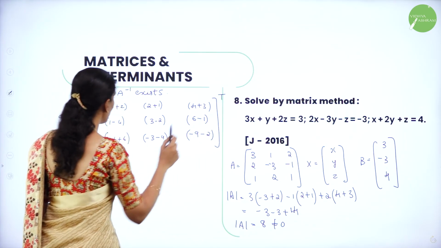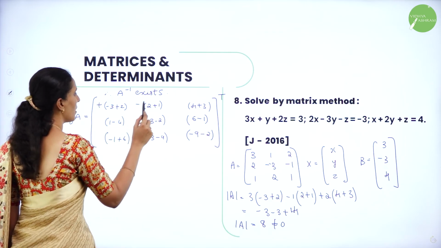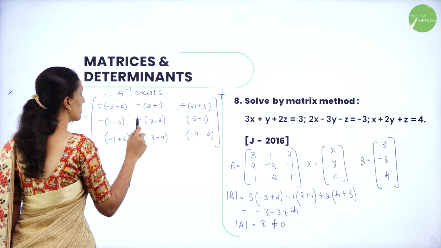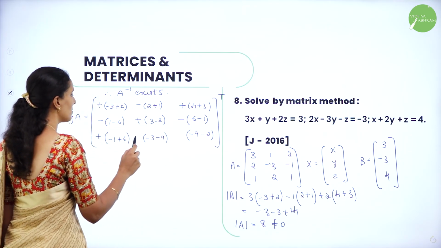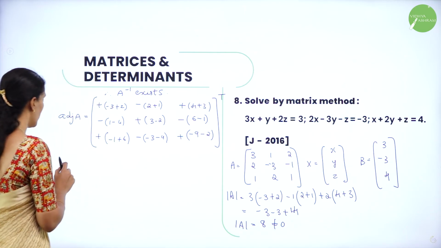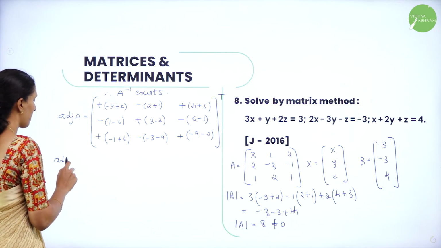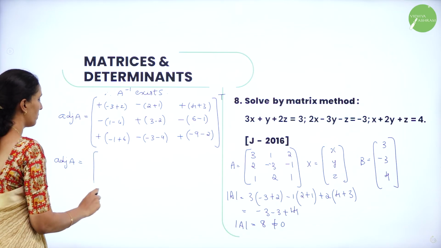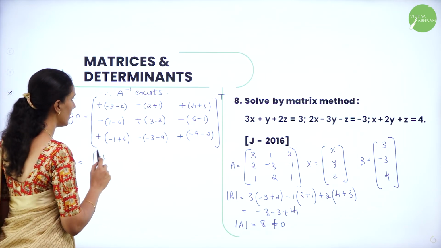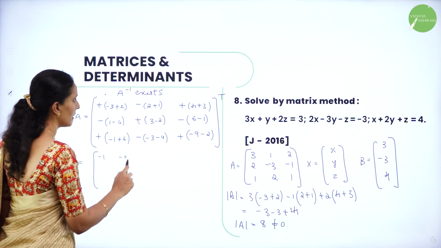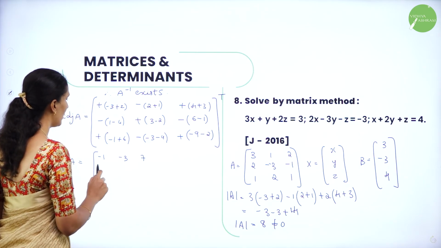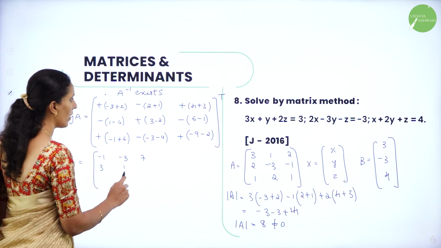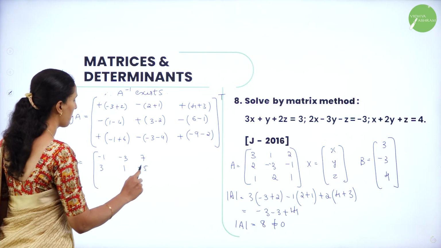Take the transpose, substitute the signs, plus minus plus, minus plus minus, plus minus plus. So adjoint A is equal to minus 3, 2, minus 1, minus 3, 7. Next, 3, 1, minus 5.